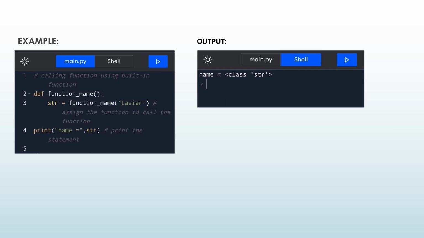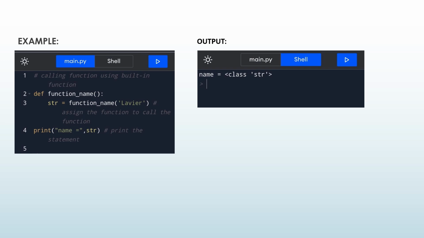Now, let us look into this program. In this program, I wrote a function name, and I wrote a few statements required for my requirements. Now, I would like to print name equal to Lavia, but when we run this code, I got the output as name equal to class str, which is not my desired output.